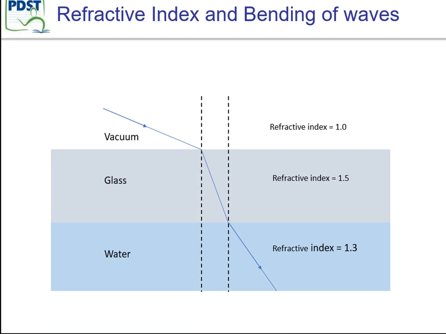Now, sometimes you actually have three mediums or three media. Here we have an incident ray coming from vacuum, and it hits the interface between vacuum and glass. Then it bends and then hits another interface between glass and water.